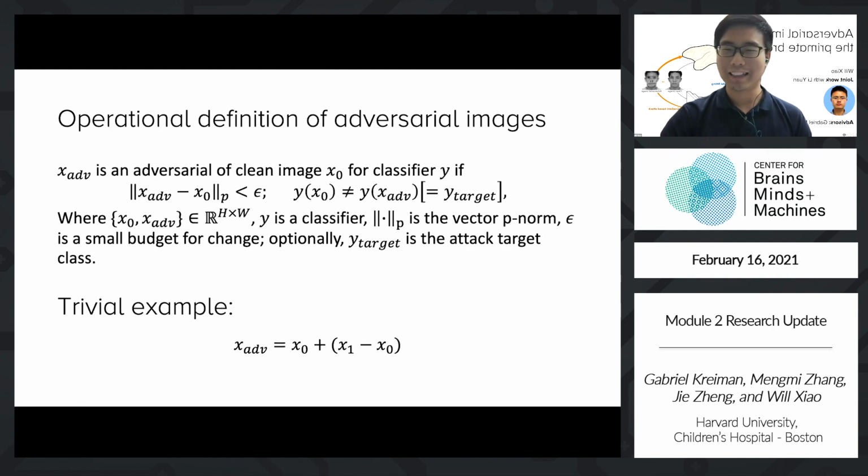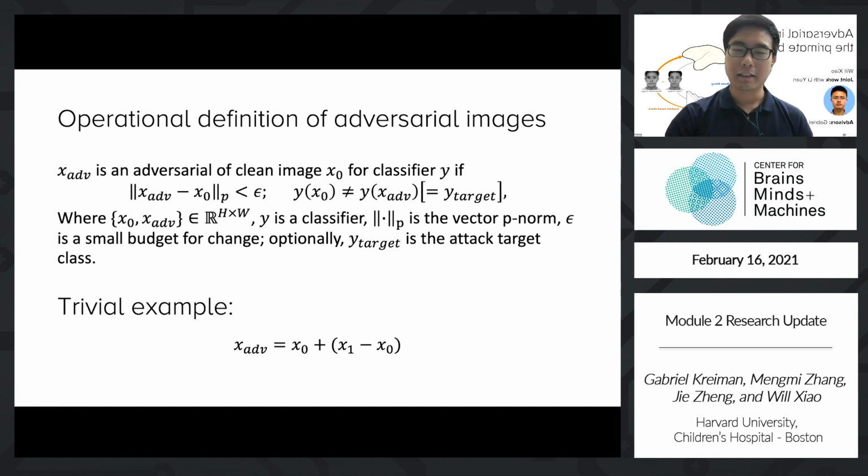And unfortunately, this will count as an adversarial image by our definition, although it's obviously not a very interesting one. So the key here is that it's really essential to be quantitative to control the size of the adversarial change. And to define what is a small change, we really need to measure and compare to the actual separation between two clean image classes.